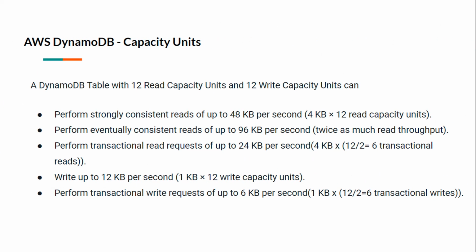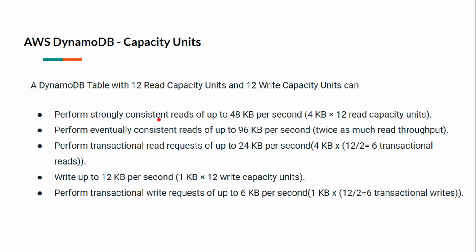Now let's understand all the capacity units when we have 12 read capacity units and 12 write capacity units for a DynamoDB table. For strongly consistent reads, we can read up to 48 kilobytes per second because for each read capacity unit we can read up to 4 kilobytes of data.